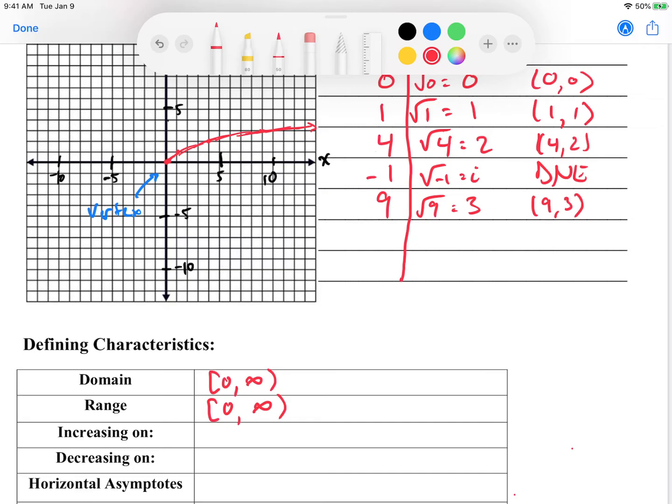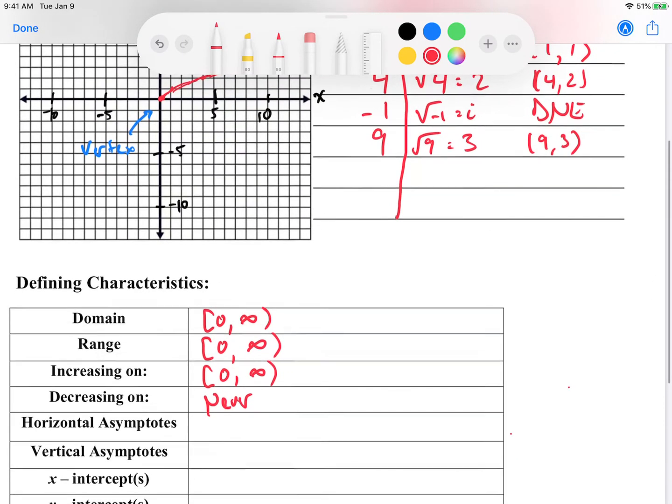So this graph is constantly increasing, but we don't say it's increasing on all real numbers because there's nothing to the left. So it's only increasing on the domain. In this case, it's also never decreasing.